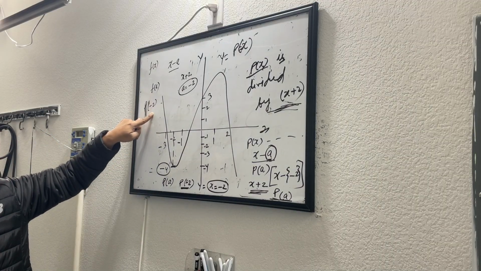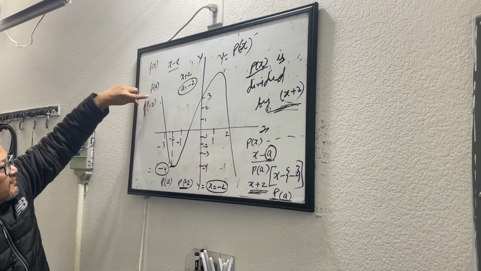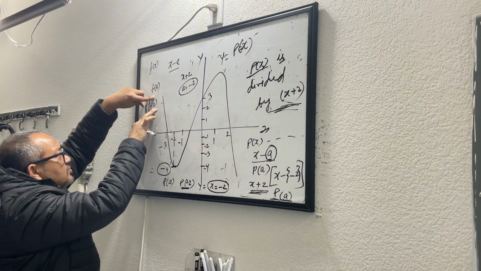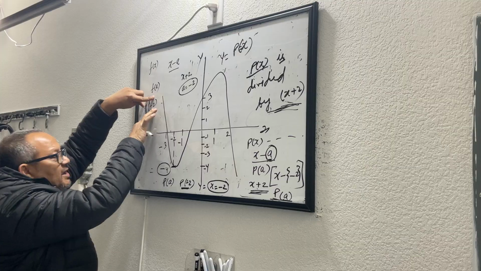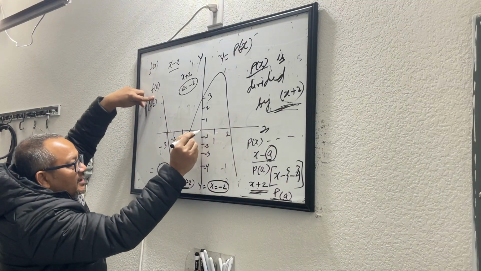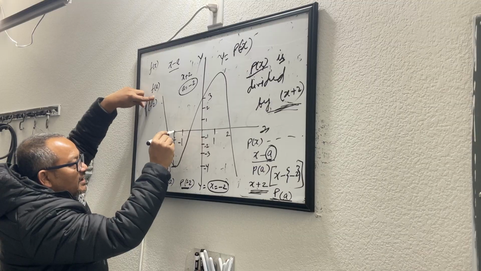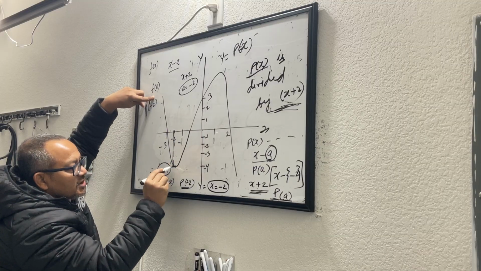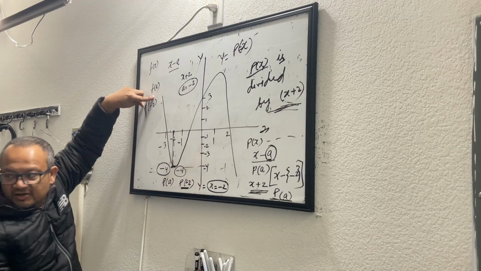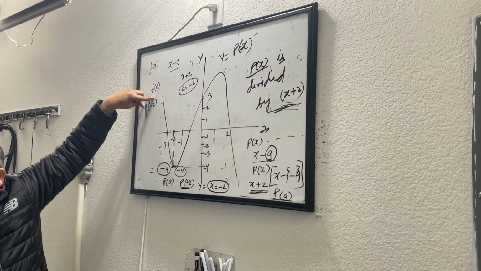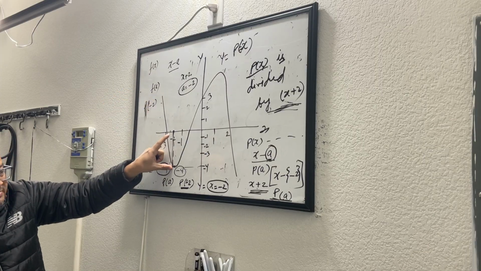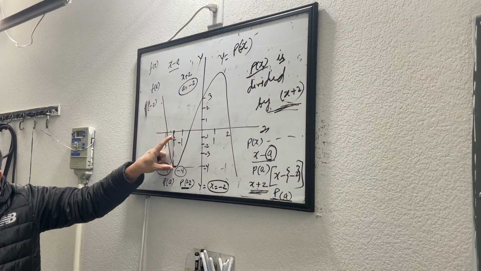Basically, whatever is the output whenever I evaluate this polynomial for minus 2, that is what would be my remainder. And in this polynomial, when my input is minus 2, my output is minus 4. This is my value of y. That is what will be my remainder.